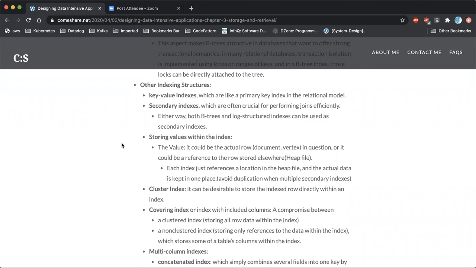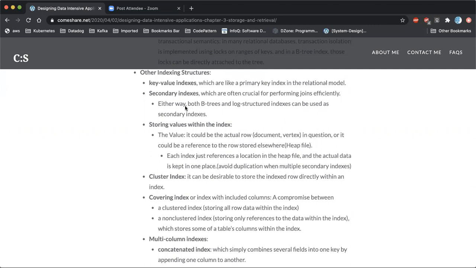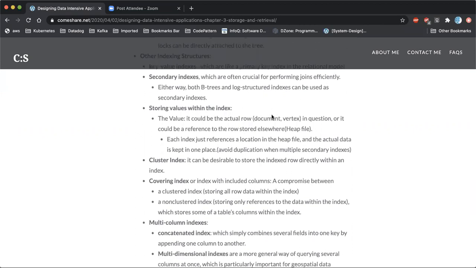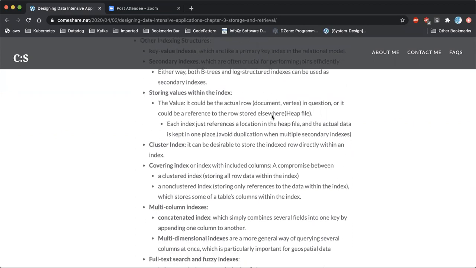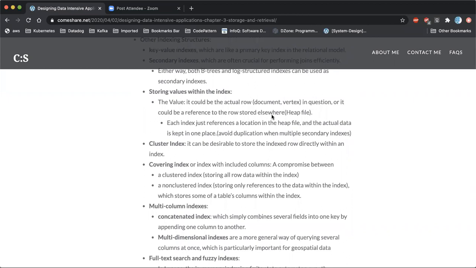I think that's what they say both B trees and log structured indexes can use. I believe when they say B trees, they're talking about relational databases, and log structured is like NoSQL.